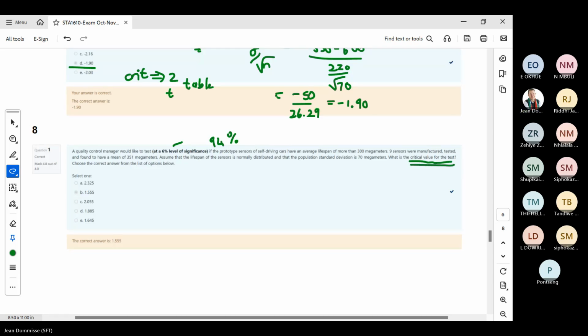Let's just check if it is one or two tail. Prototype of self-driving cars, and assume that the lifetime of sensors is normally distributed.